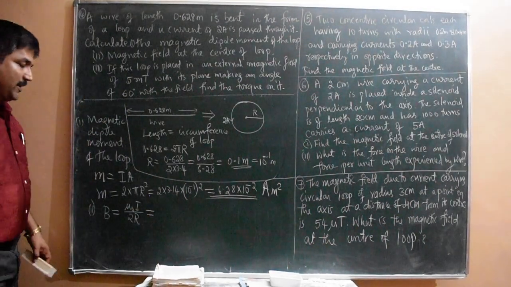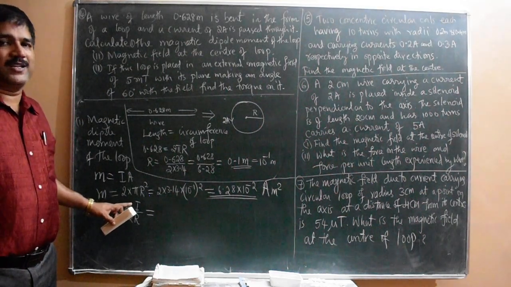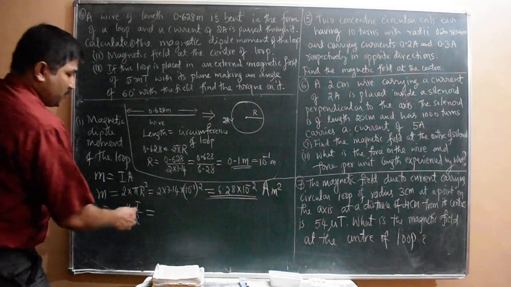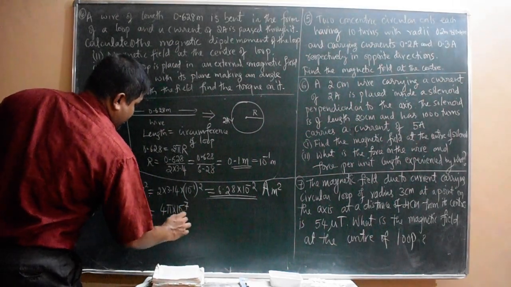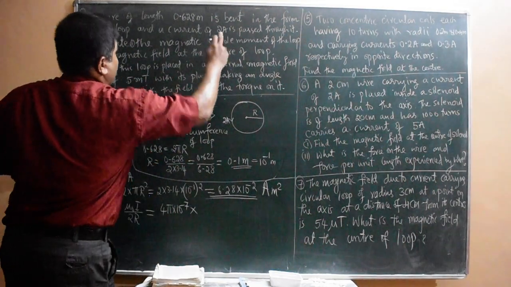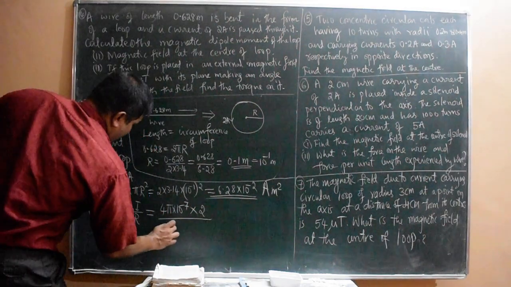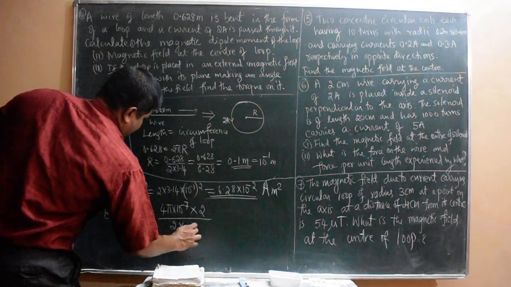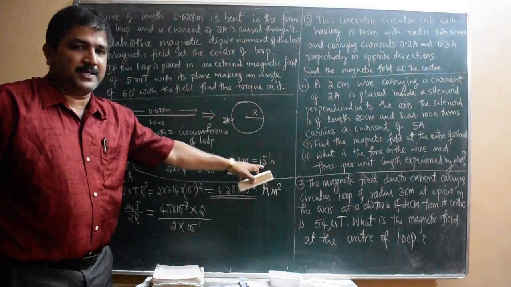This is the expression for the magnetic field at the center of the loop. Substitute. Mu naught is 4 pi into 10 power minus 7, it is a constant, into current I, which is 2 ampere, divided by 2R. Radius is 10 power minus 1, or 0.1.